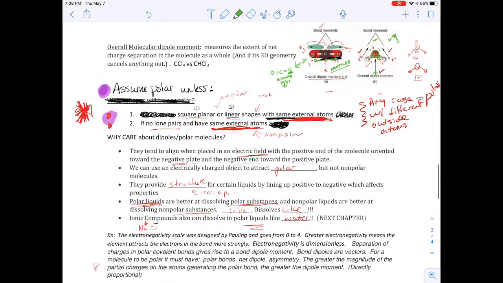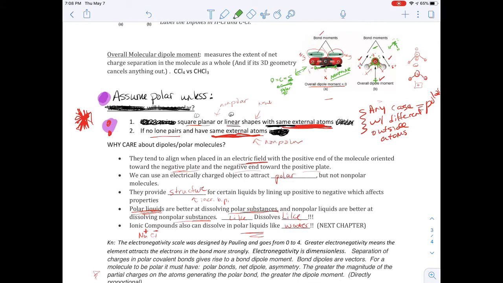And we were talking about assume polar if you have different elements. So assume that unless it's one of these 2 shapes. If it's the same elements, you assume polar unless it's a square planar or it's linear or it has no lone pairs.